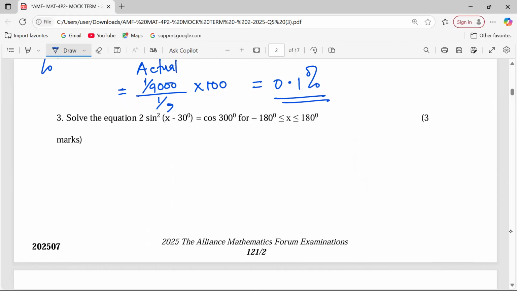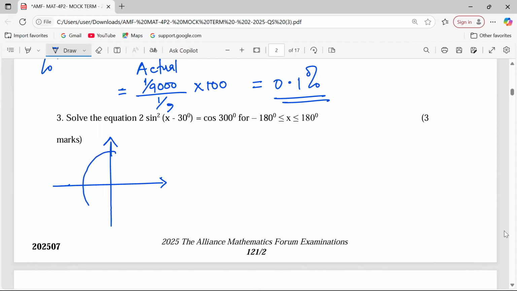For that case, I'm going to refer people to the unit circle. Let me just draw it. I draw the Cartesian plane first. Let's be very keen in this one.